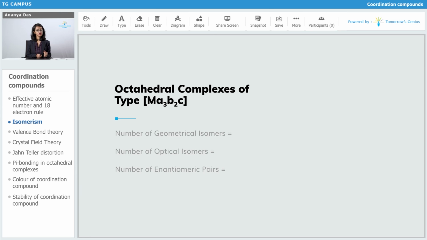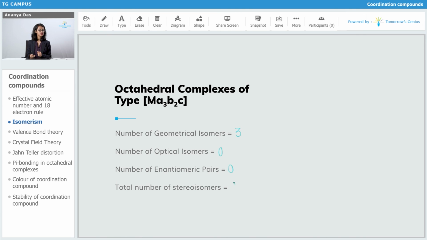Next we come to the number of enantiomeric pairs, and again number of geometrical isomers were 3. Number of optical isomers is 0, which makes the number of enantiomeric pairs also 0, because the number of enantiomeric pairs is optical isomers divided by 2. Next we come to the number of stereoisomers. So fill in the details you already know. Number of stereoisomers is equal to the number of optical isomers plus the number of optically inactive pairs.